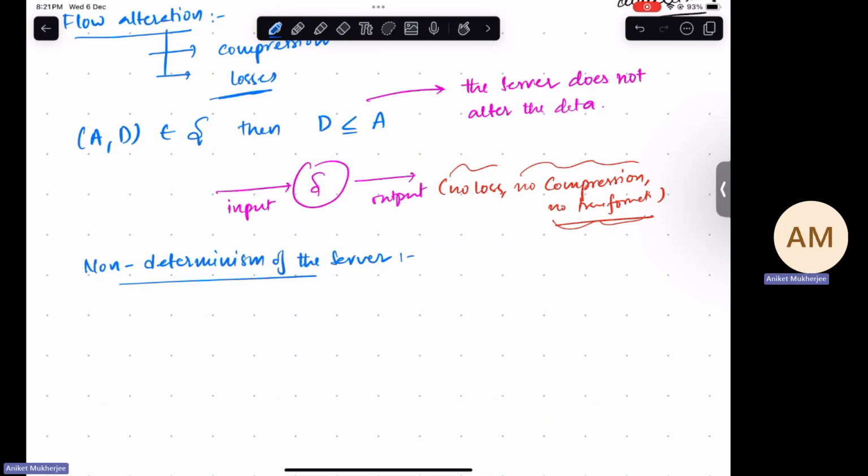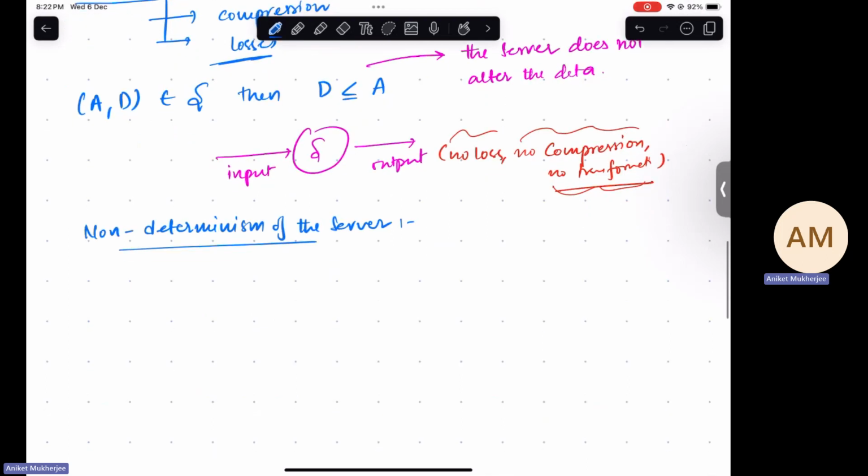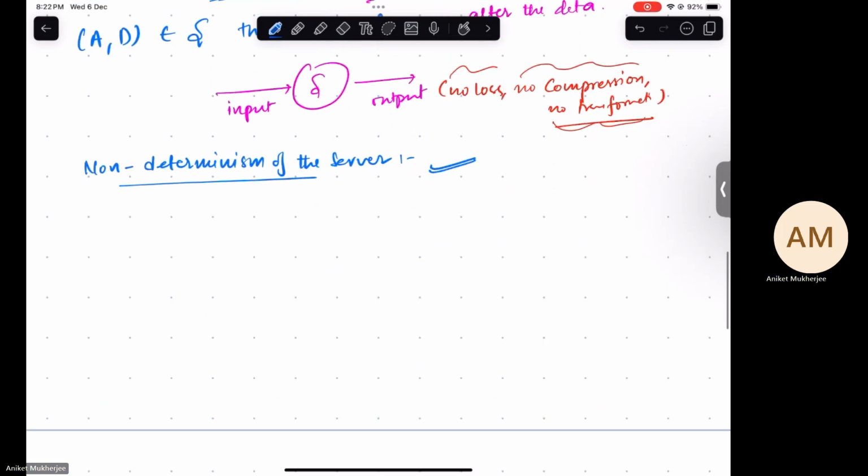If you model with randomness, that is sufficient to study the deterministic counterpart also. So while modeling, we will try to incorporate all the non-deterministic behaviors of the real life system that we try to model.